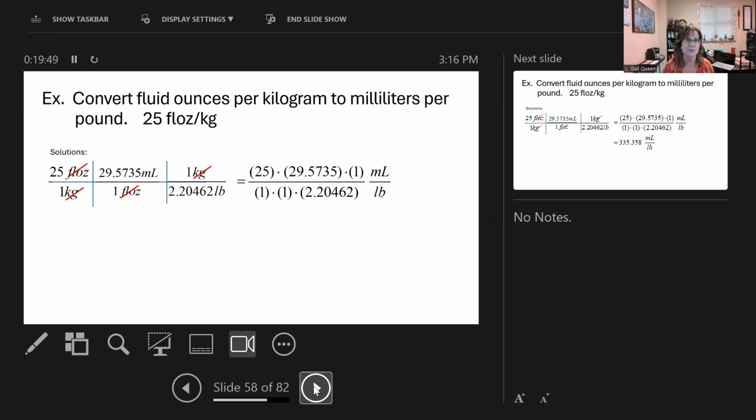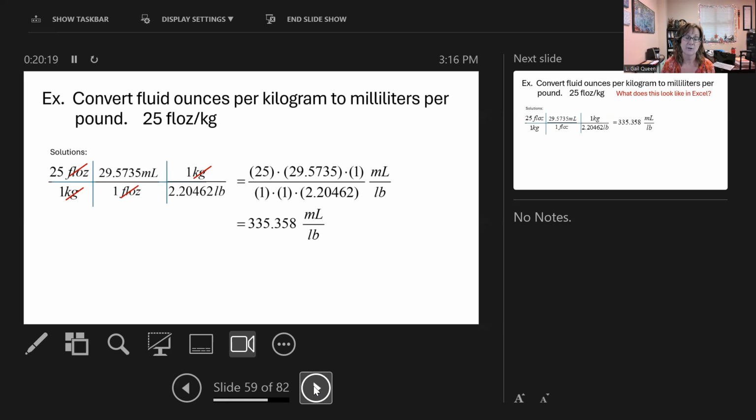If I multiply straight across the top, I will have 25 times 29.5735 times 1, and the units on the top will be milliliters. On the bottom, I have 1 times 2.20462, and the units on the bottom will be pounds. So you would grab your calculator, punch this in, and you would end up getting 335.358 milliliters per pound.